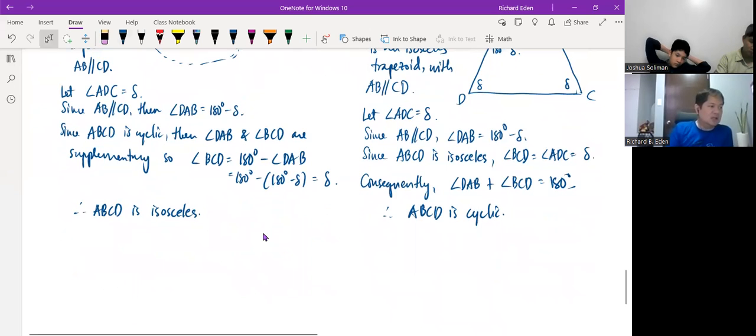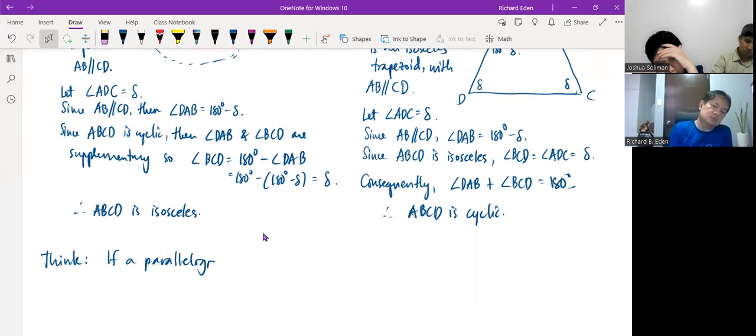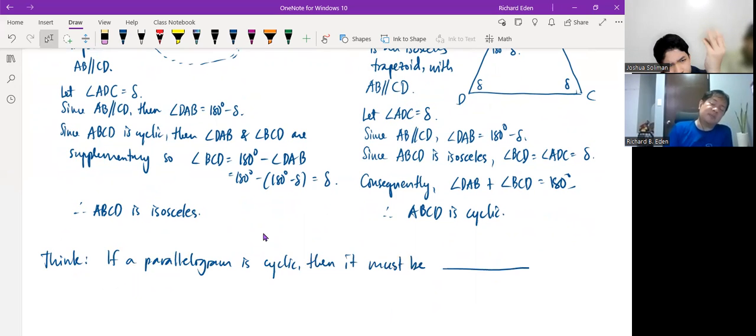Okay. Try to think about this. If a parallelogram is cyclic, then it must be what kind of parallelogram?